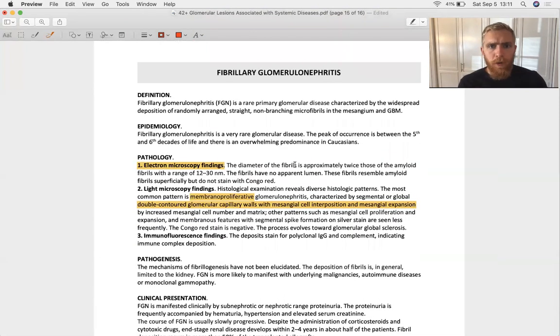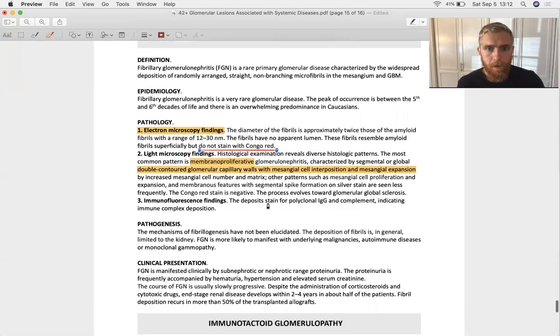Let's talk about fibrillary glomerulonephritis. Characteristic fibrils on electron microscopy that do not stain with Congo red, so it's not amyloid. The most common pattern is a membranoproliferative glomerulonephritis. So membrano, you see thick membranes, might even be double contoured or tram tracking.